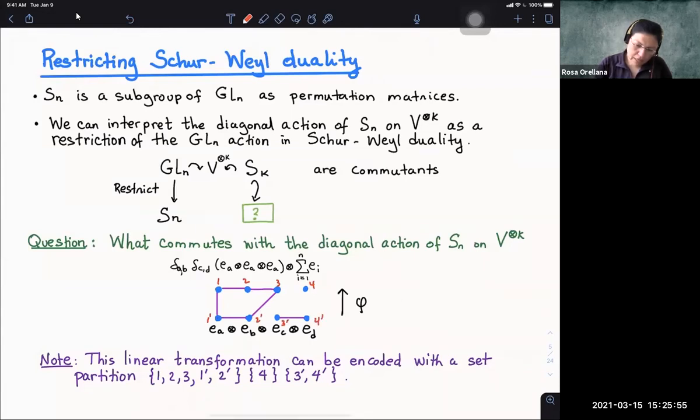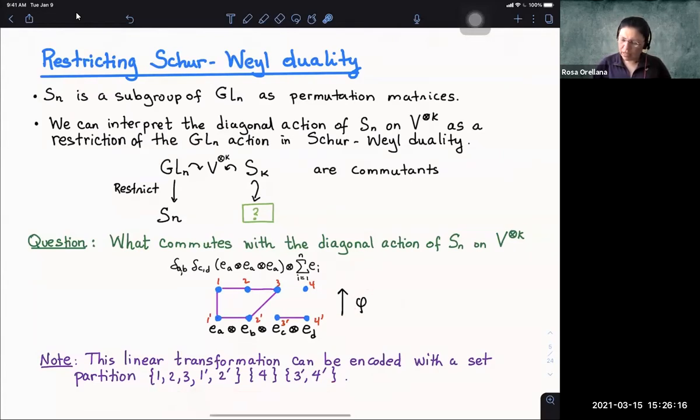Everything that is connected goes into a block, so it's encoded by blocks, the pieces. That's how you encode it. So linear transformations will be encoded with set partitions.